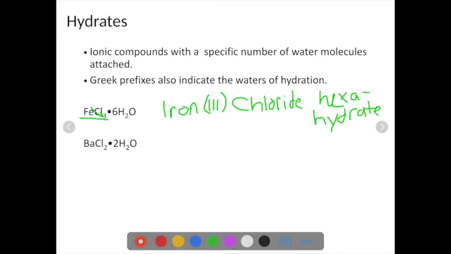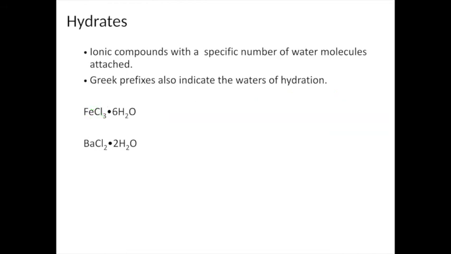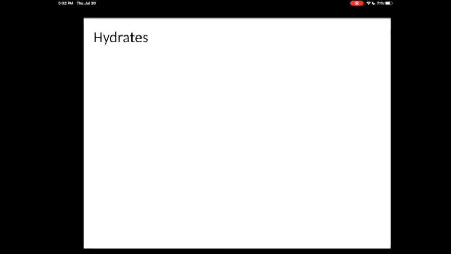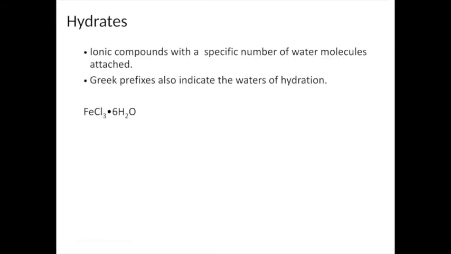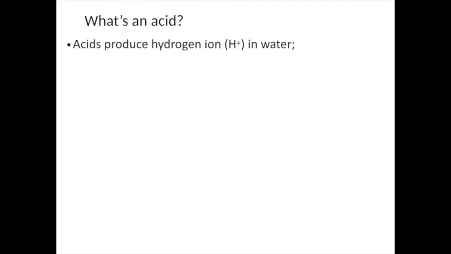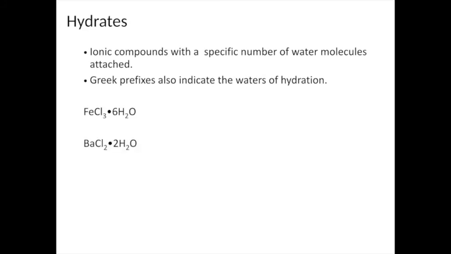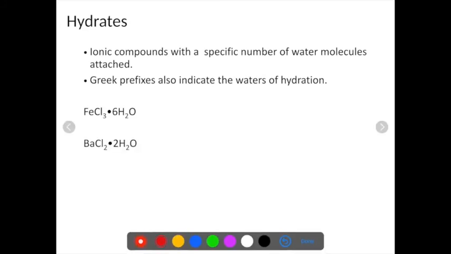The dot right here shows that the waters are attached to the ionic compound. So that's how you know it's a hydrate. So iron(III) chloride hexahydrate, and then the next one, we have Ba, which is barium.